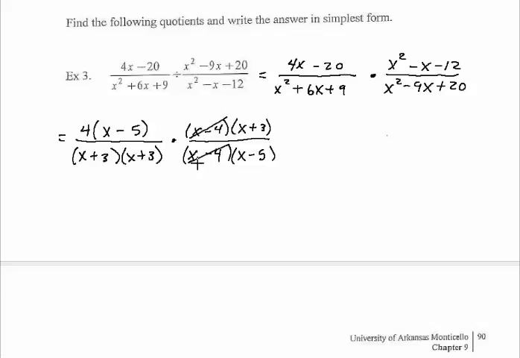We cancel this x minus 4 with this one, and then one of these x plus 3's will cancel out, but there isn't another x plus 3 on the top to cancel that one out. We do, however, have an x minus 5 on both top and bottom, so they'll cancel out, and in the end we are only left with a 4 and an x plus 3 on the bottom.